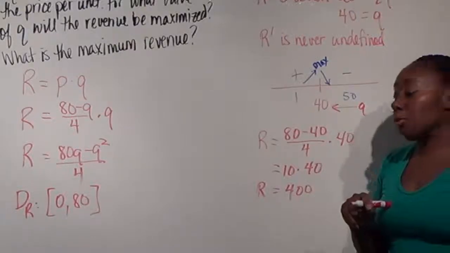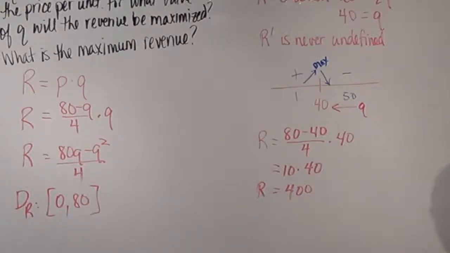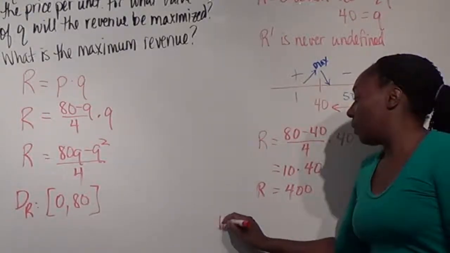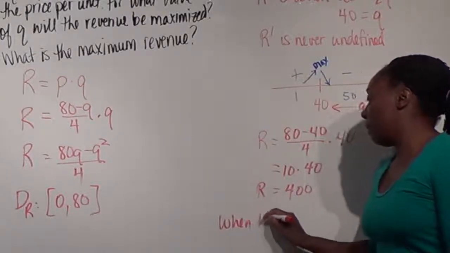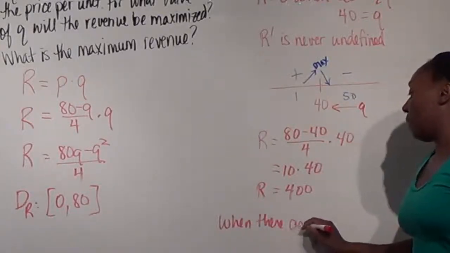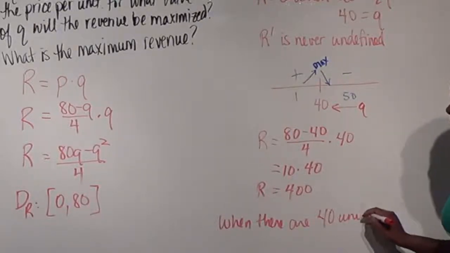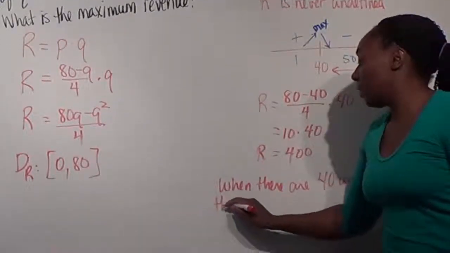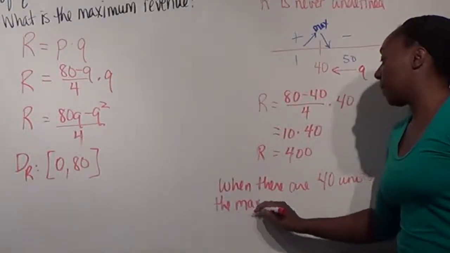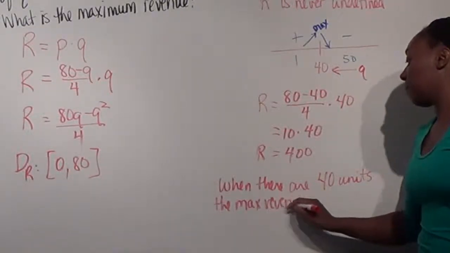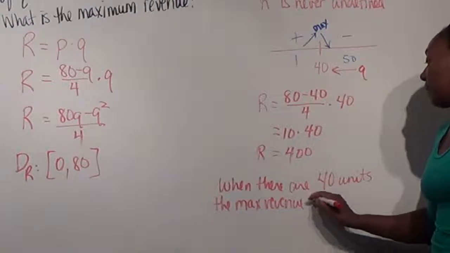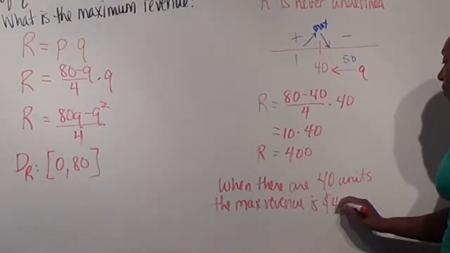Lastly, state your solution. So in this case, my solution is when there are 40 units, the max revenue is $400.